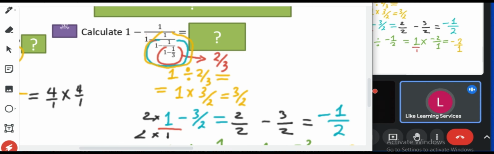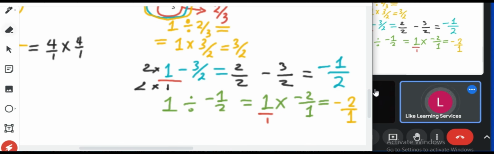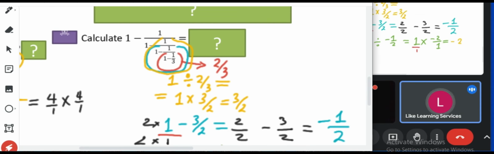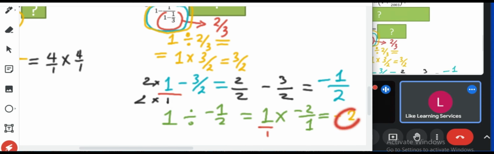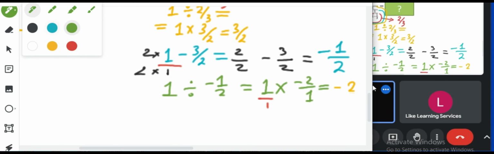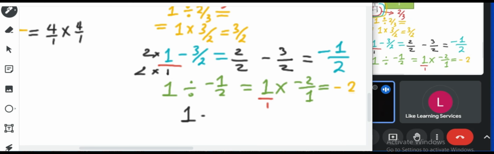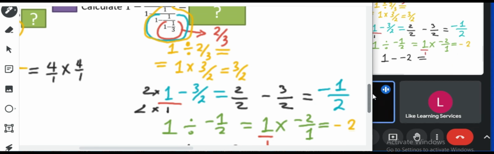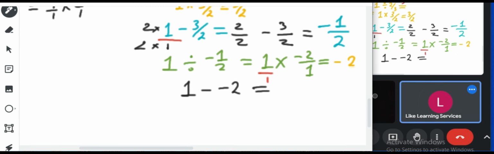What is 1 minus minus 2? What I'm doing is 1 minus that minus 2. What does it give? Exactly. So 1 minus minus 2 gives 1 plus 2, which is 3.